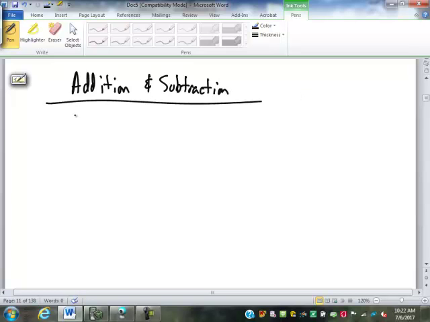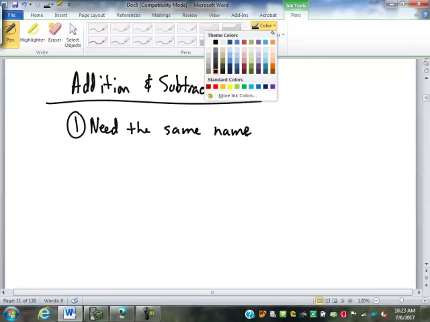When we add or subtract, first of all, we need the same name. If they do not have the same name, we cannot add or subtract them.